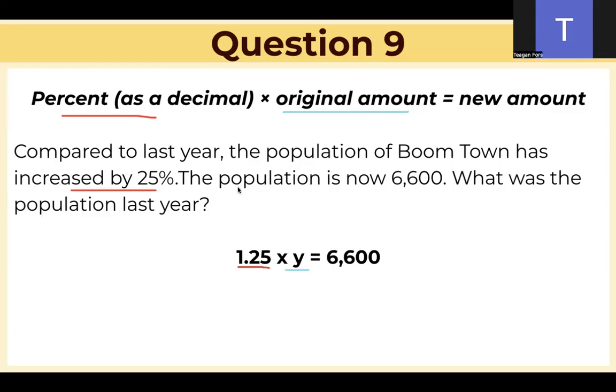But we do know what the new amount is, the current population, and that is 6,600. Okay, solve this for y. When you use our division strategy, just like we used in question number 7, you can take 6,600 divided by 1.25, and you should end up with 5,280 people in Boomtown last year.